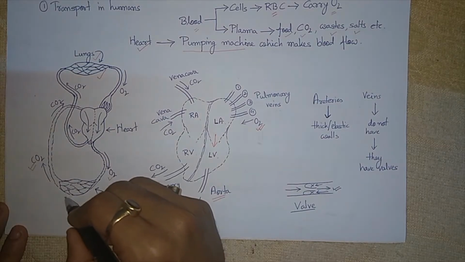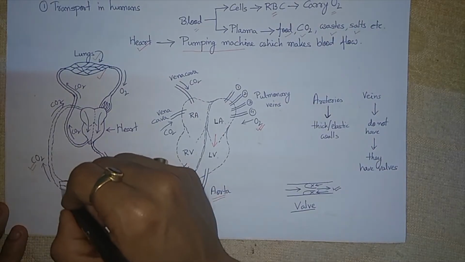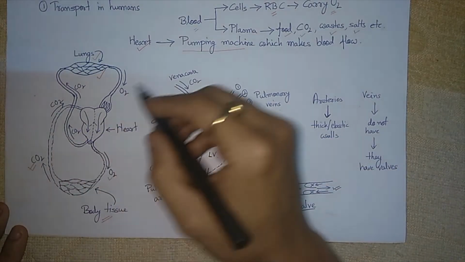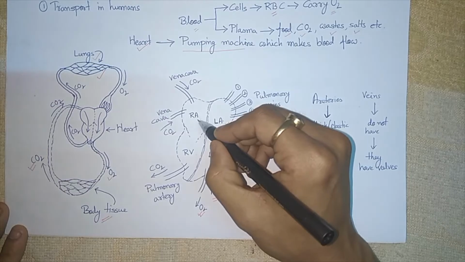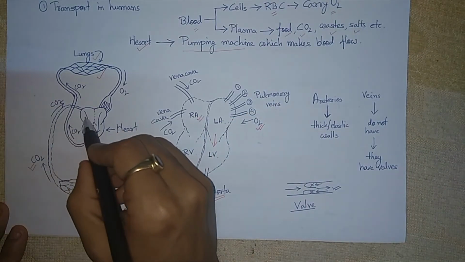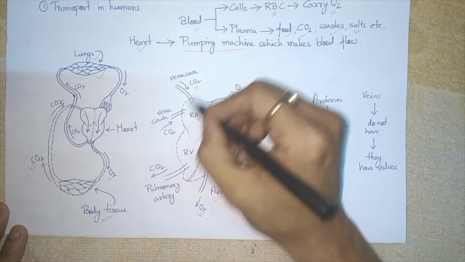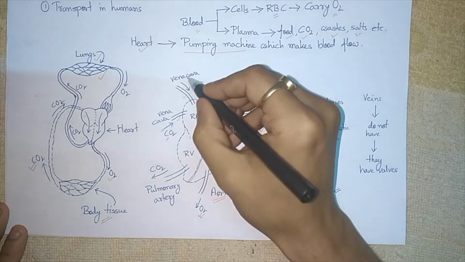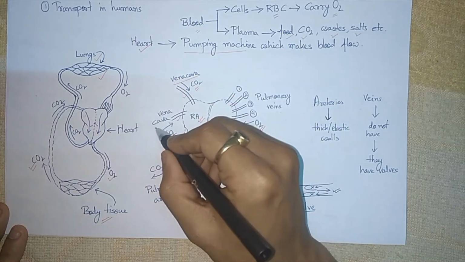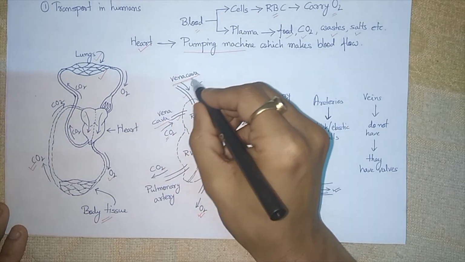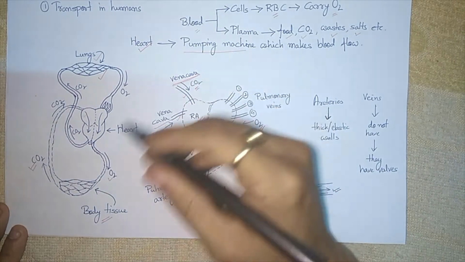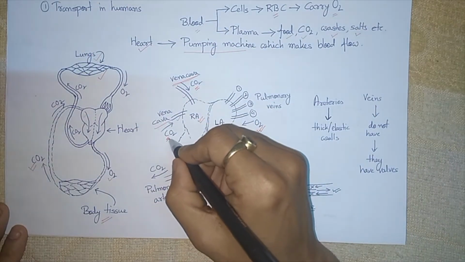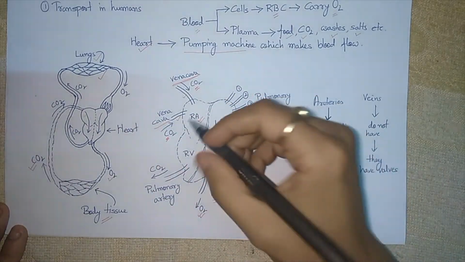This carbon dioxide is eliminated into the veins, and these veins come to the right auricle in the form of two major tubes: the upper vena cava and the lower vena cava. The upper vena cava brings carbon dioxide blood from the upper body part. The lower vena cava brings carbon dioxide blood from the lower part of the body.